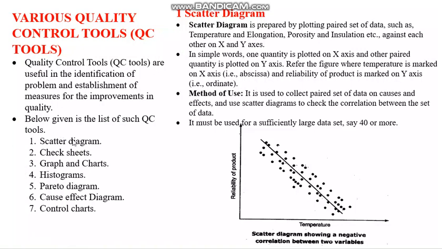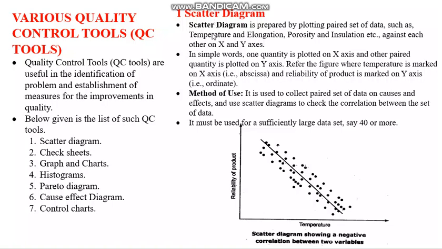Here there is a list of 7 such tools. The first is the scatter diagram, second is check sheets, third is graphs and charts, fourth is histograms, fifth is Pareto diagram, sixth is cause and effect diagram, and seventh is control charts.